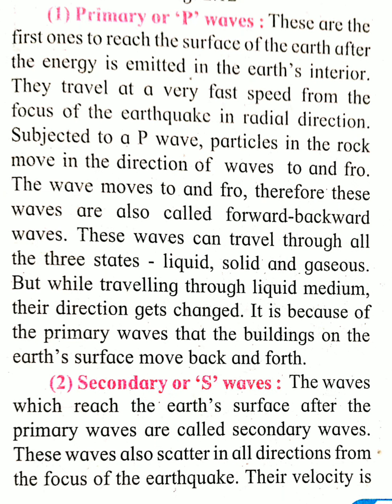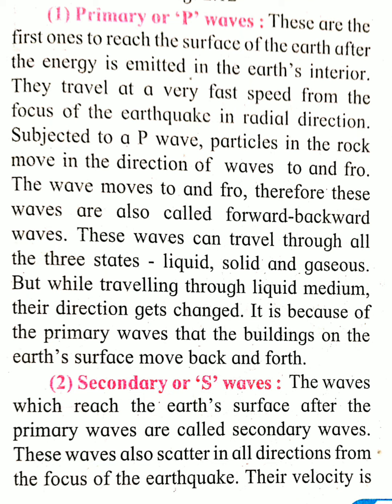Let us see the secondary waves. They are also called S waves. The waves which reach the Earth's surface after the primary waves are called secondary waves. These waves also scatter in all directions from the focus of the earthquake.